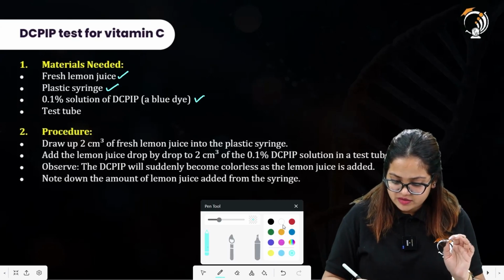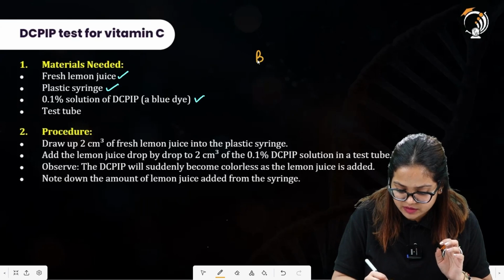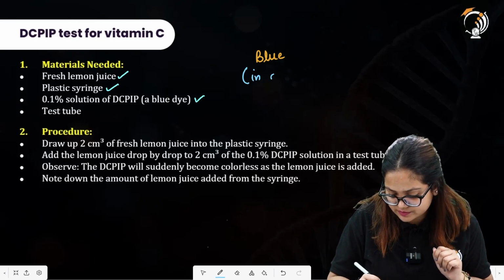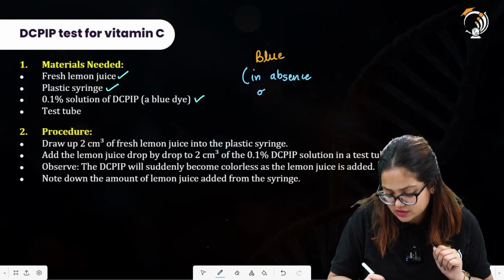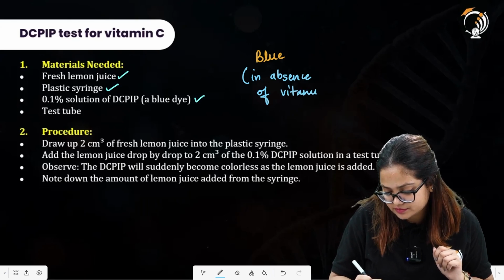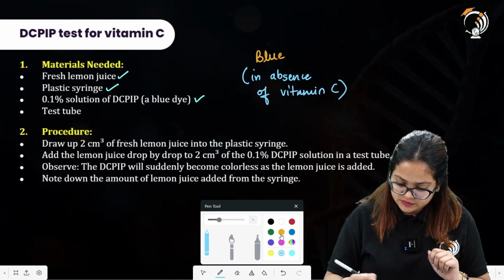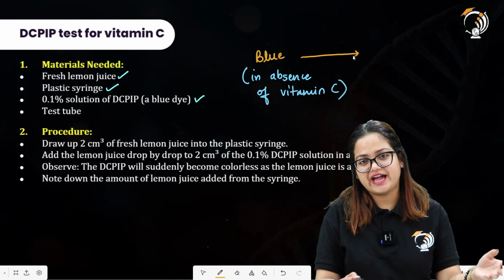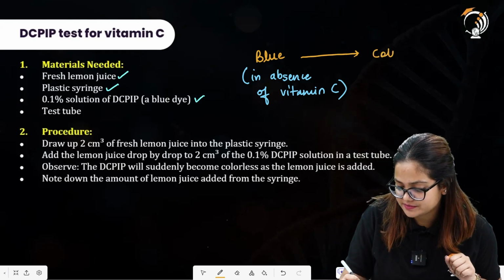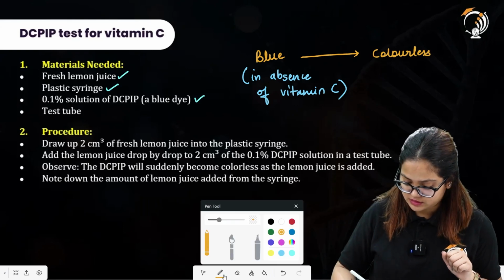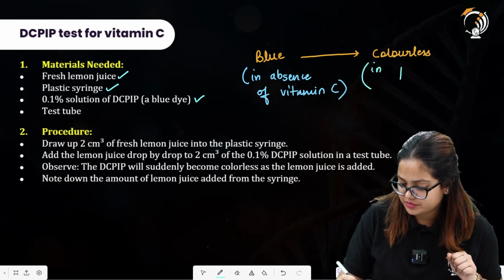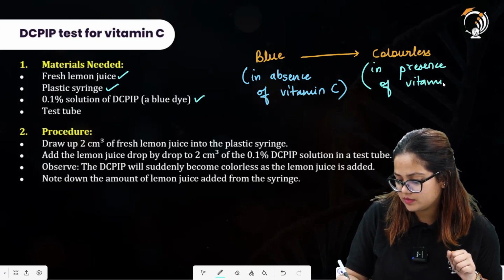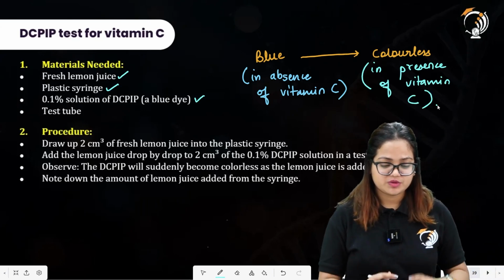So you can write the conclusion over here, that it is blue in absence of vitamin C. Then you can write that when the food component has vitamin C in it, it becomes colorless, in presence of vitamin C.